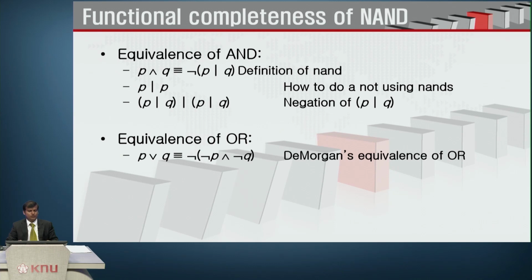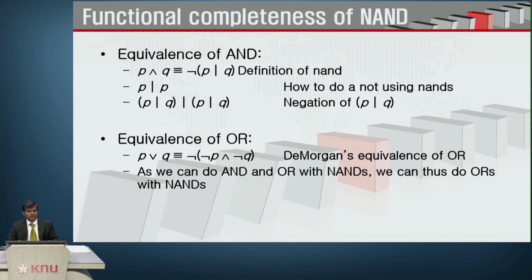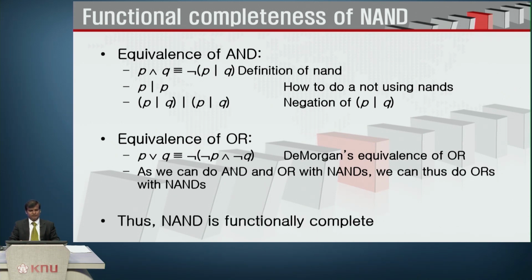P OR Q is equivalent to negation of P AND negation of Q negated, that is DeMorgan's equivalence of the OR operator. So as we do this, we can thus do OR with NAND. Yes, that can be done. Thus we can say that NAND is functionally complete.